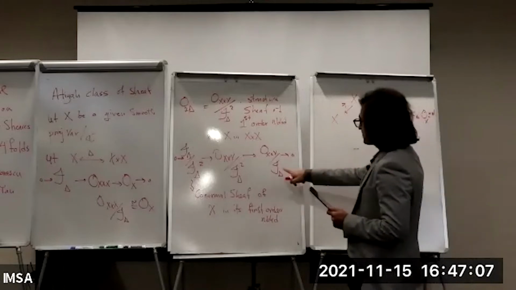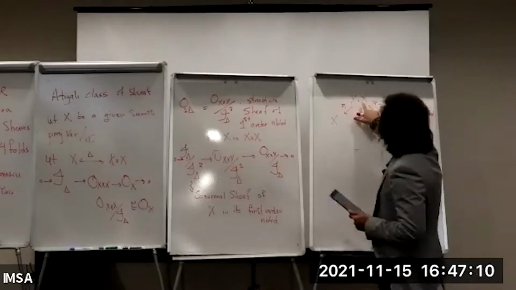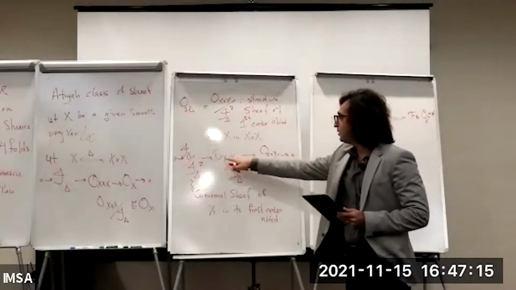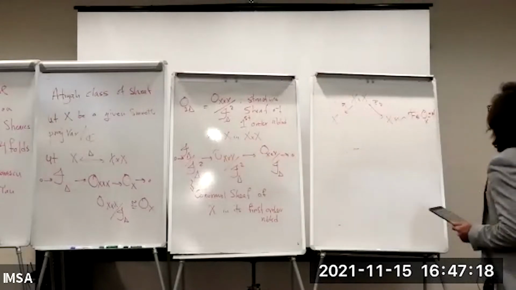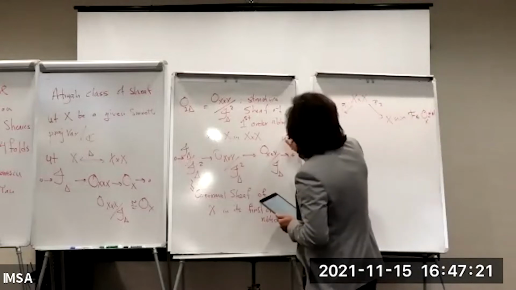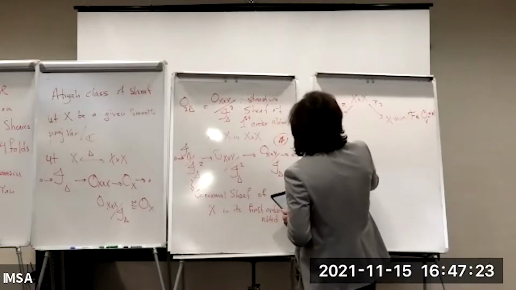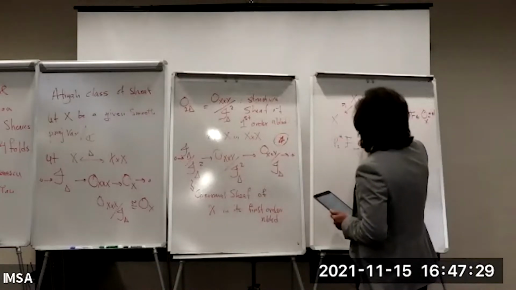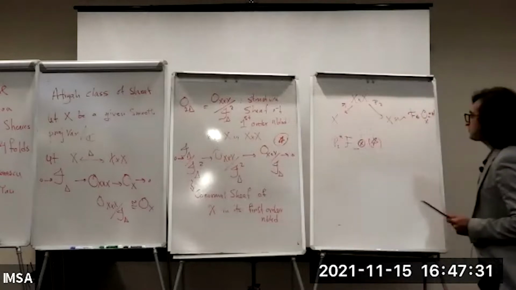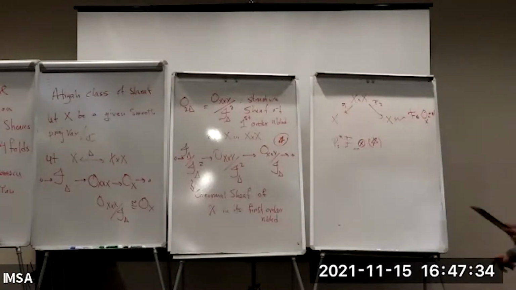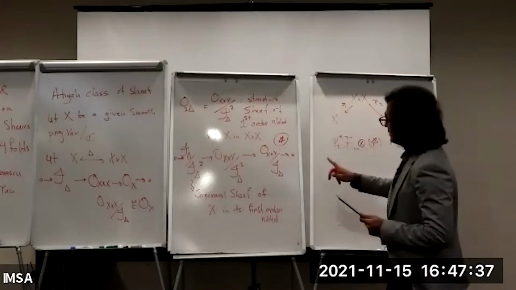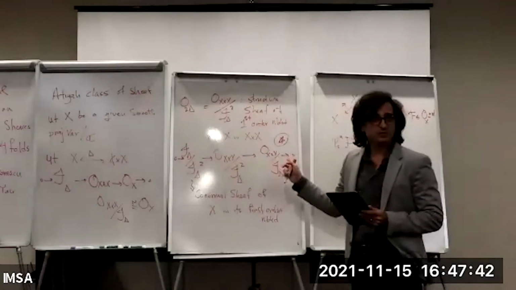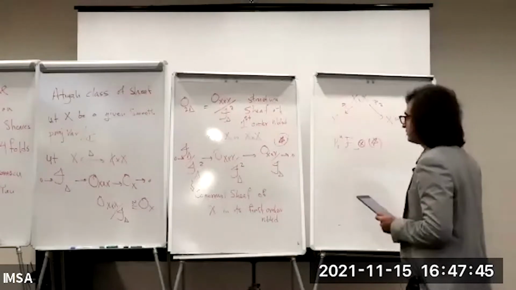As you can see, this short exact sequence lives in an abelian category of sheaves, because these are all O of X cross X modules. Let's call this short exact sequence star. I can pull back this coherent sheaf and tensor it with the star. Because this is a projection map onto X, tensoring with the pullback of F keeps the short exact sequence short exact.